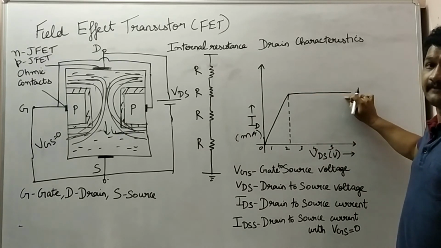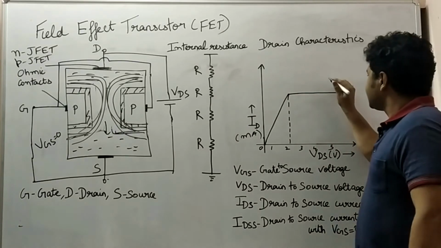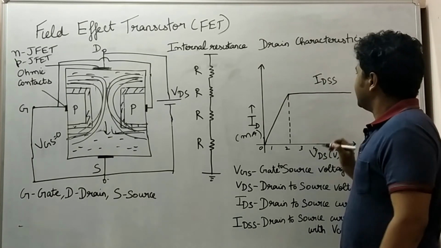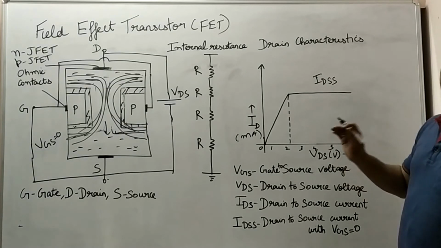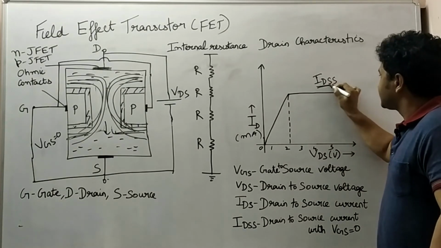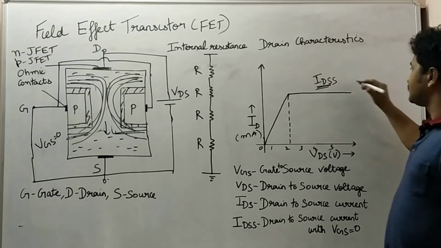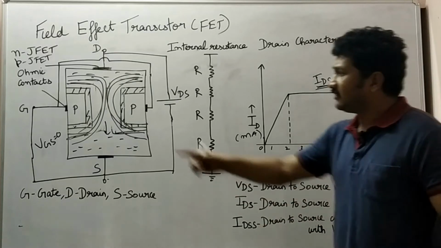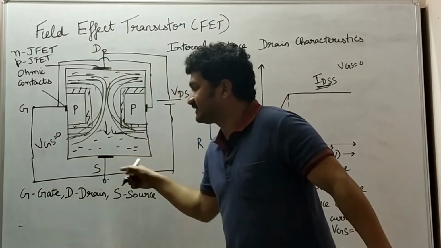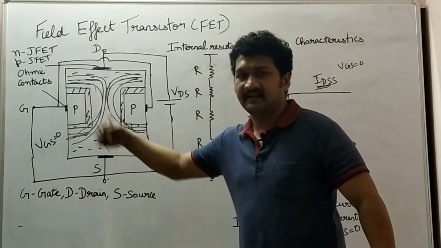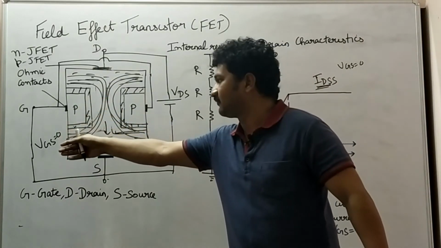It is called the pinch off voltage, and this current is called IDSS. This is called the maximum drain to source current, and the S denotes VGS voltage 0. Here if you can see, we have shorted VGS, the gate to source voltage. I will tell the application of this gate to source voltage in a moment.